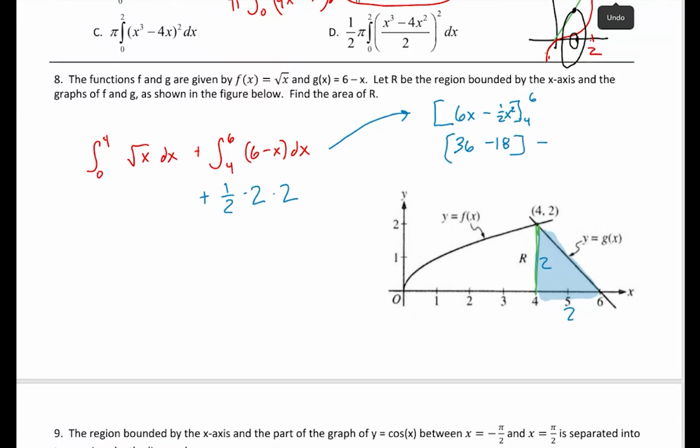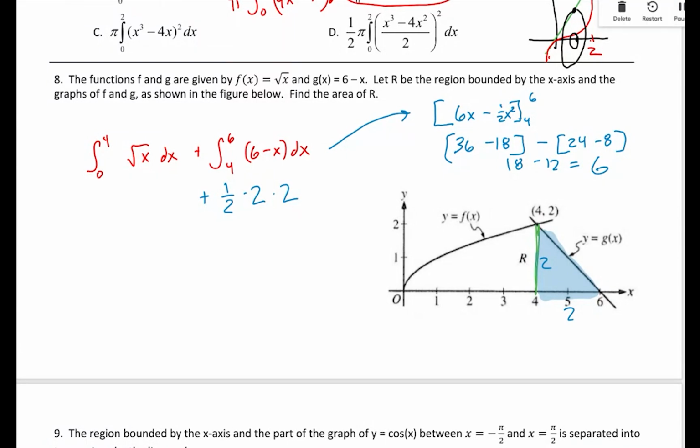And then minus, let's plug in 4. 6 times 4 is 24. 4 squared is 16, divided by 2 is 8. And so we got 36 minus 18, well, that's just going to be 18. And then minus 24 minus 8 would be 12. 18 minus 12 is going to be 6.